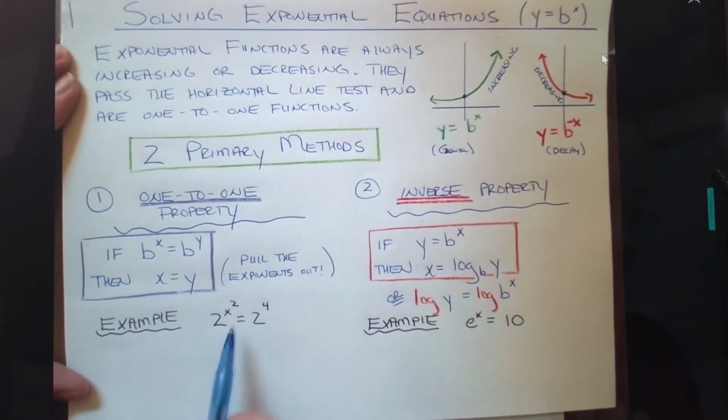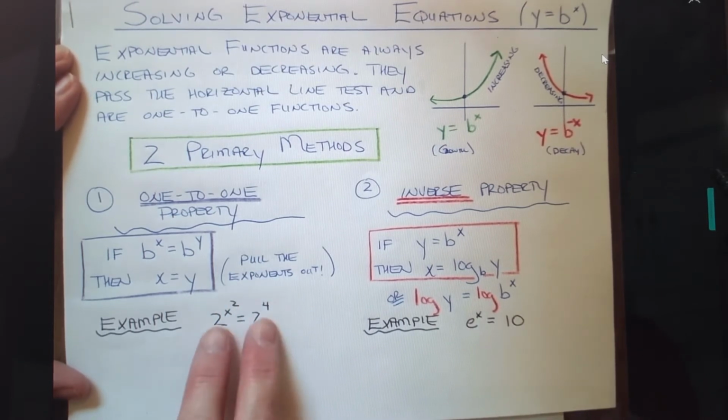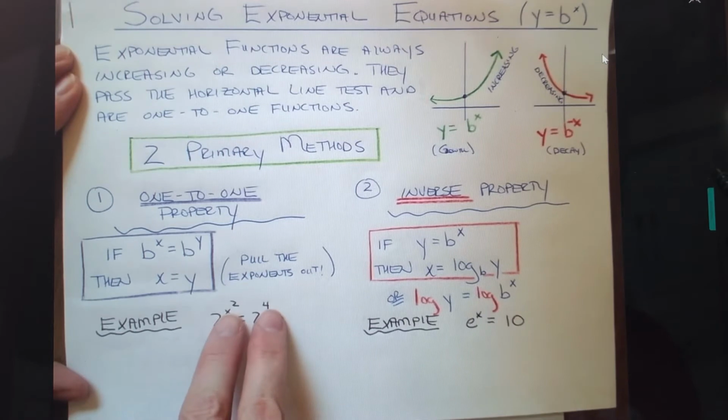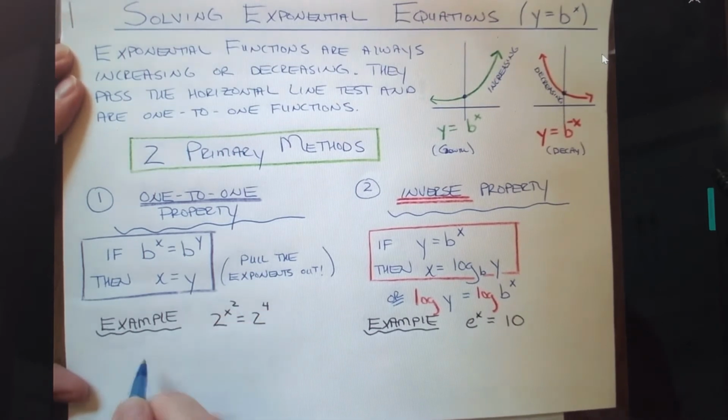So this problem may say, solve the following exponential equation. It's definitely an exponential because my variable I'm trying to find, which is the x, is up in an exponent position. A quick glance yields it is one-to-one. We have the same number here, they're both 2. What that means is I can take these two exponents and simply set them equal to each other.